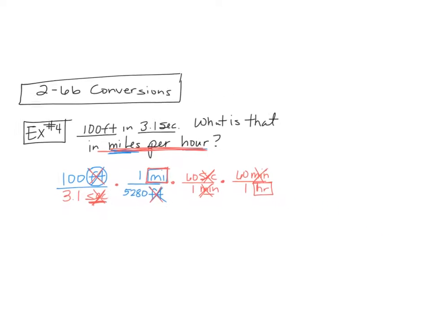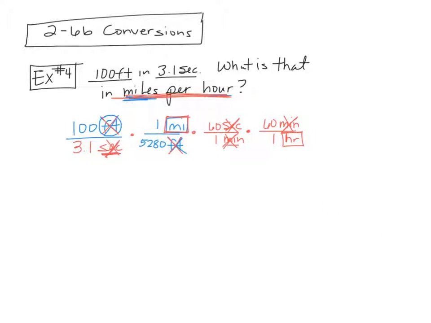So I'm going to shrink this down, move it over a little bit. We're just going to look at our numerator. Up on top, we have 100 times 1 times 60 times 60. If you plug that into your calculator, you get 360,000.